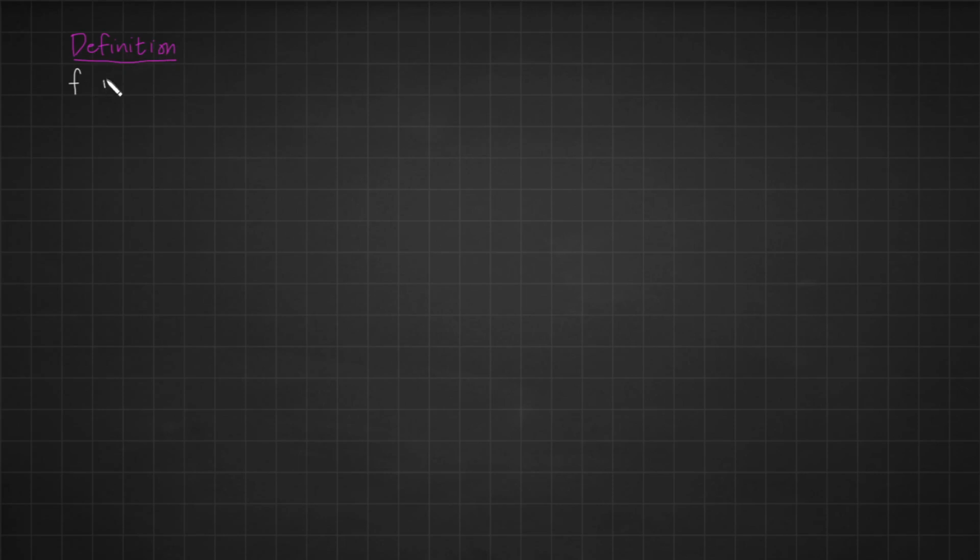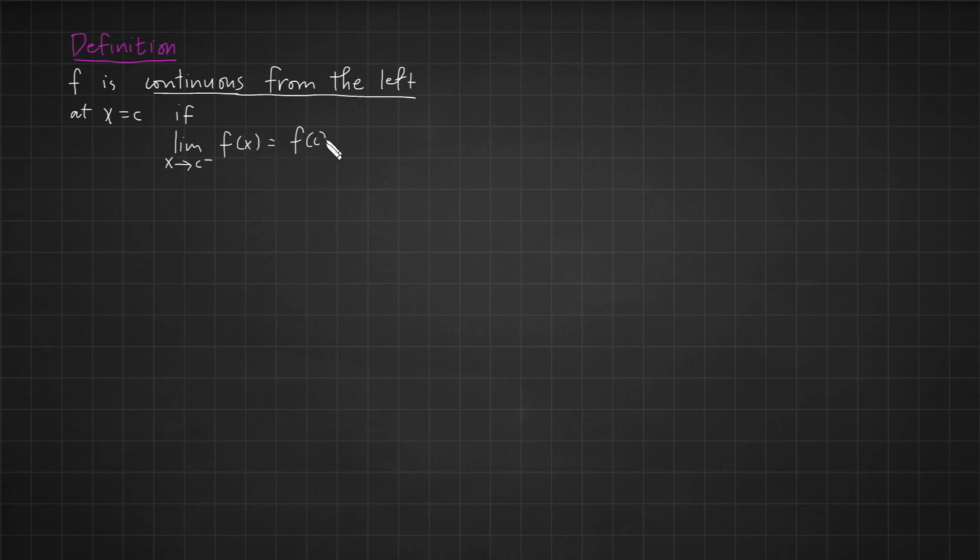So f is continuous from the left. Okay, let me underline the phrase from the left since part siya ng definition. So f is continuous from the left at x equals c if yung limit as x approaches c from the left ng function is equal to f of c.